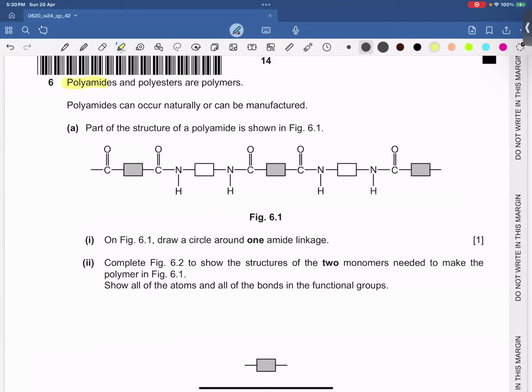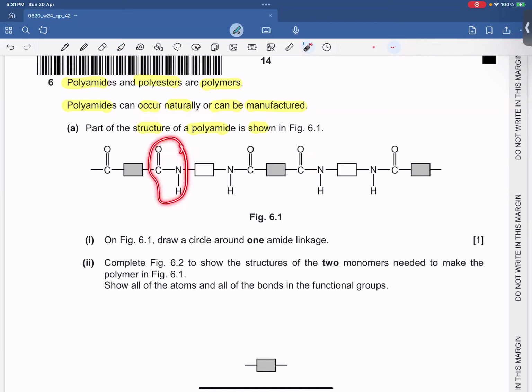Polyamides and polyesters are polymers. Polyamides can occur naturally, or can be manufactured. Naturally occurring polyamides are also called protein. Part of the structure of a polyamide is shown. Okay, this is amide linkage, this is amide, this is amide, this is amide. And since it is naturally occurring, which means it is protein.